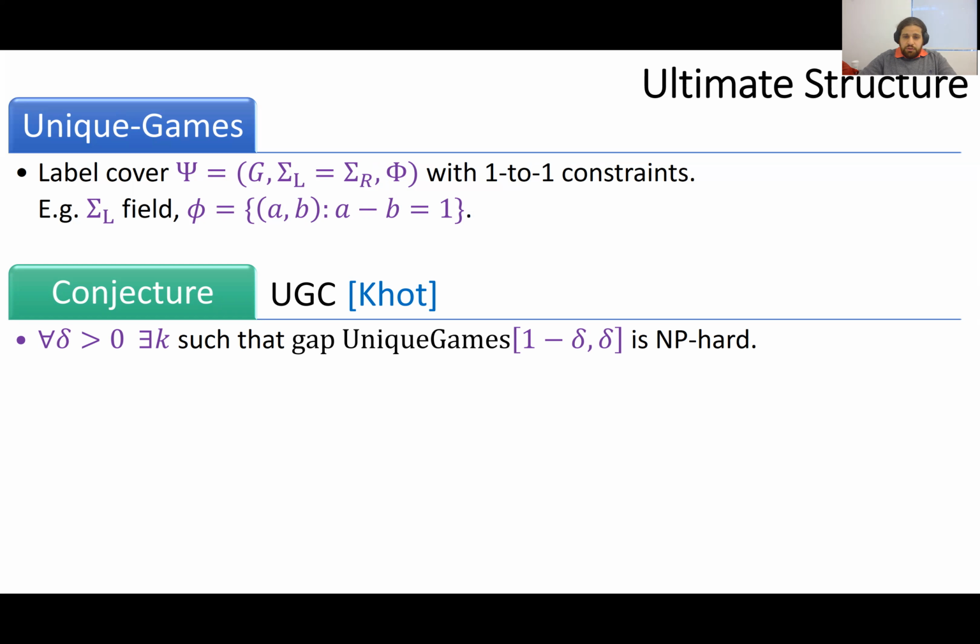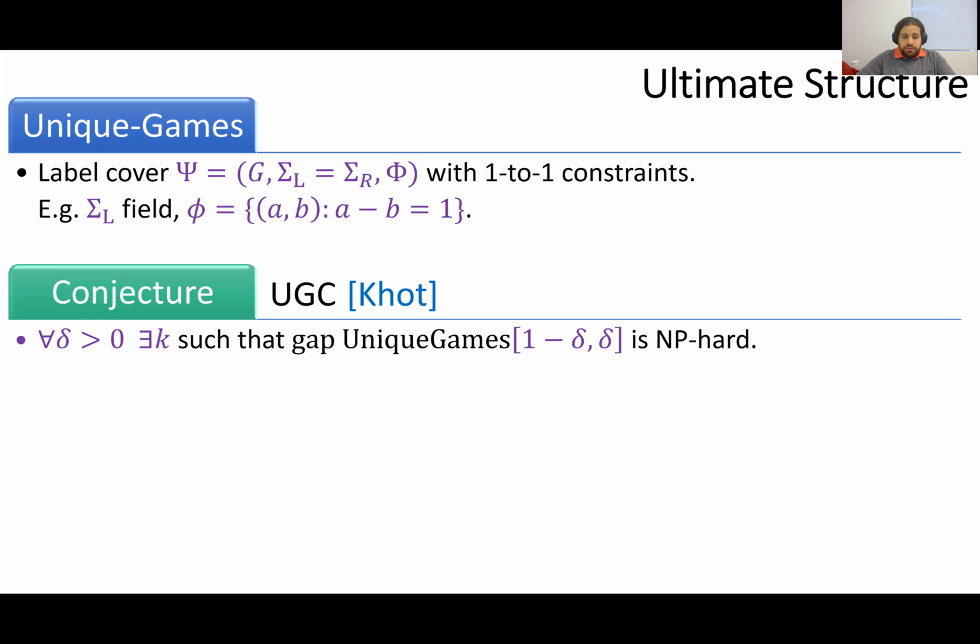I want to make one remark here. Note that instead of the 1 that we had in label cover, we have here 1 minus delta. This is inevitable, because if you have a unique game that is fully satisfiable, then it's easy to solve it. So this is really the best you can hope for, and this is the reason the conjecture is stated this way.